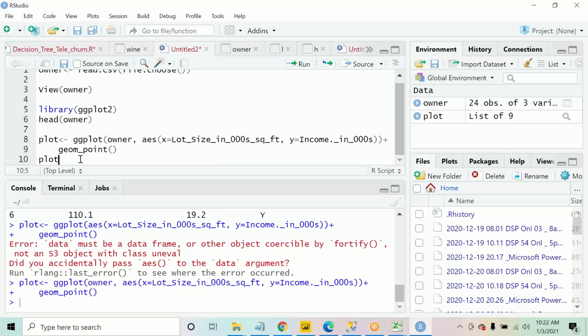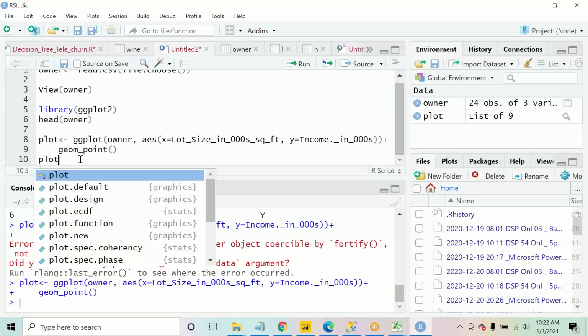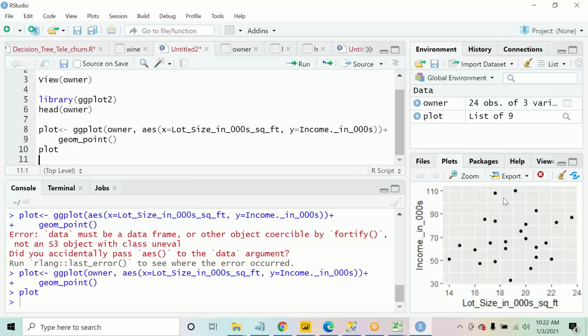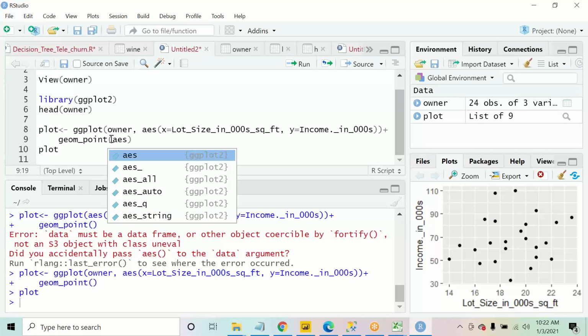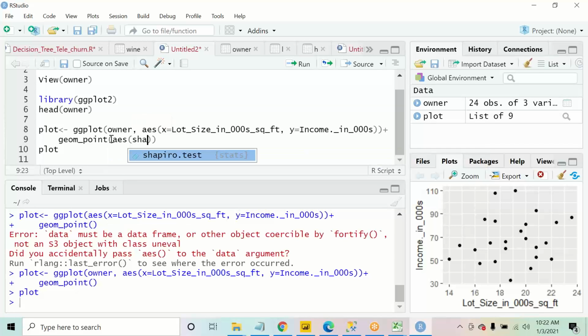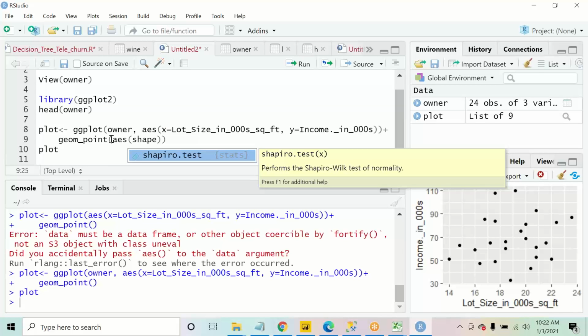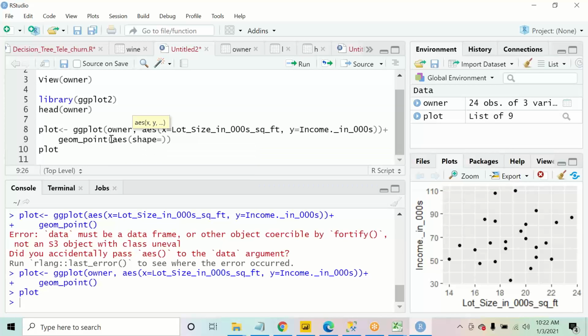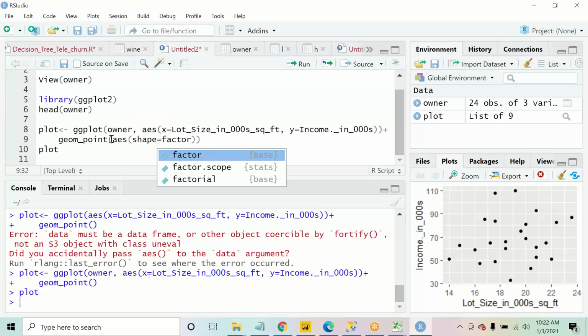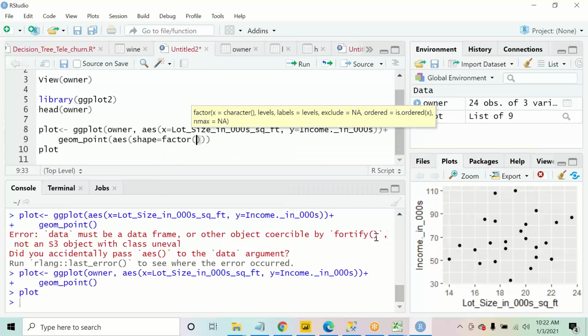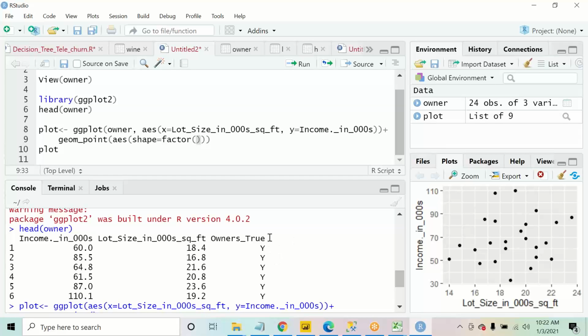Okay, so if you just run this, this is how the chart looks, right? And what you can do is on the geom point, you can define aesthetics again, and you can say that shape equal to the vector of the variable that was owner's true.